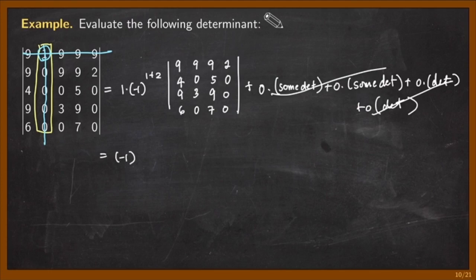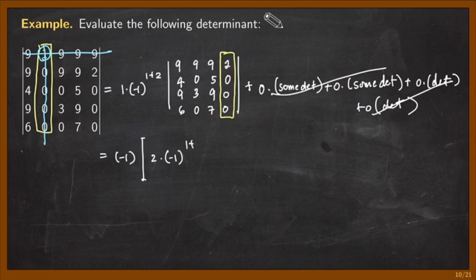Now here, we are going to select the column or the row which has the most number of zeros. As a strategy, we always select the row or column with the most zeros, because by expanding along it, it reduces the number of operations. In this case, I'm going to expand along the fourth column. So the expansion should be 2 times negative 1 raised to, what's the position of 2 in the new matrix?